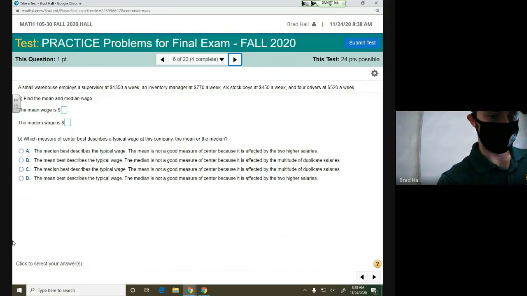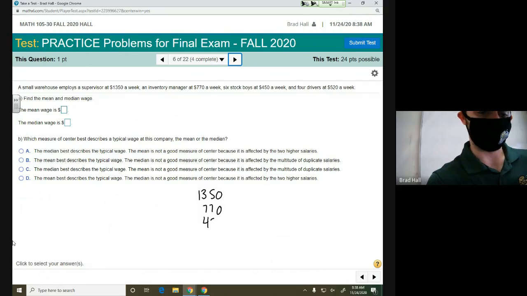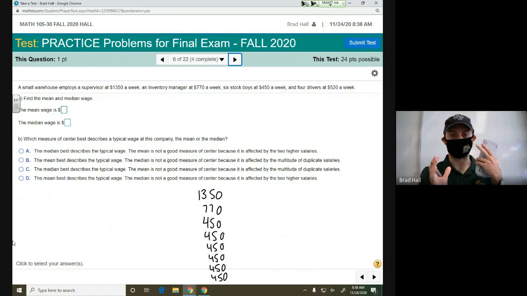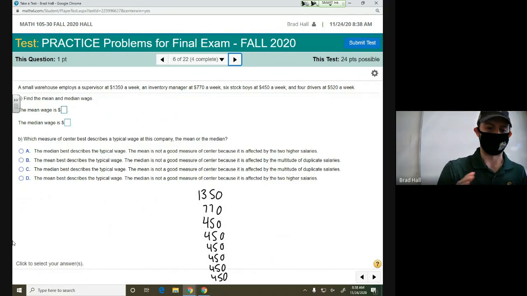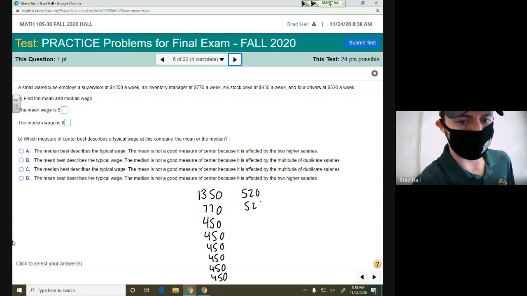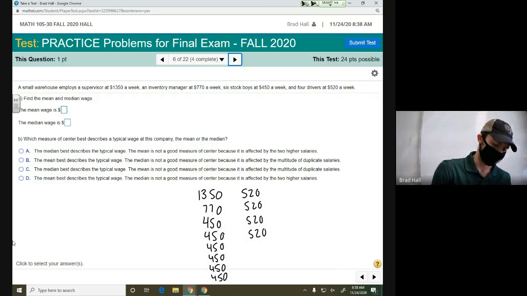So there's 1 supervisor, 1 inventory manager, 6 stock boys, so 1, 2, 3, 4, 5, 6. People generally forget to put the 6 versions of 450, and then there's 4 drivers at 520: 520, 520, 520, 520. So that's what you would have to put in your calculator.